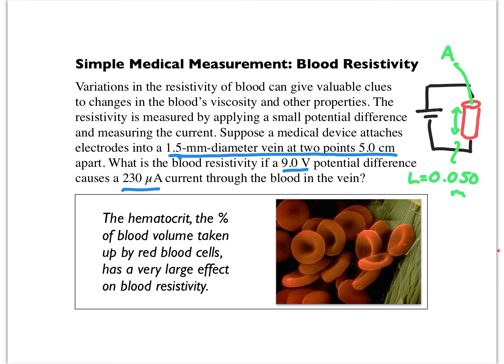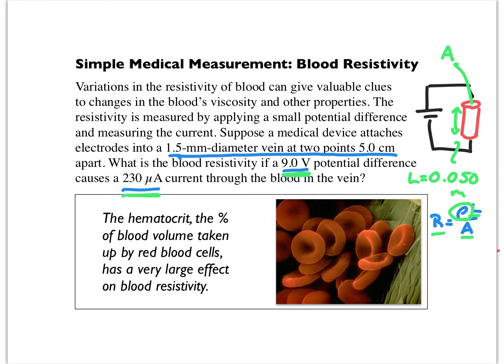Our equation for resistance is that the resistance is equal to rho, the resistivity, times L divided by A. I'm looking for the resistivity. I know the length, and I know the area. If I could find the resistance, I could determine the resistivity. And I can find the resistance because I know the potential difference and I know the current.